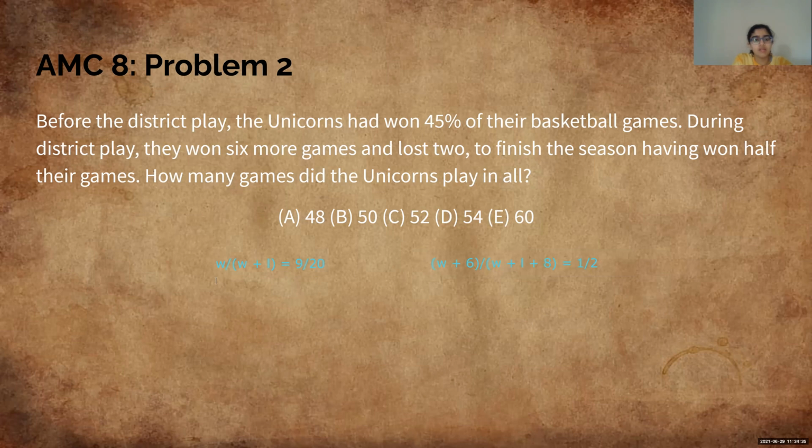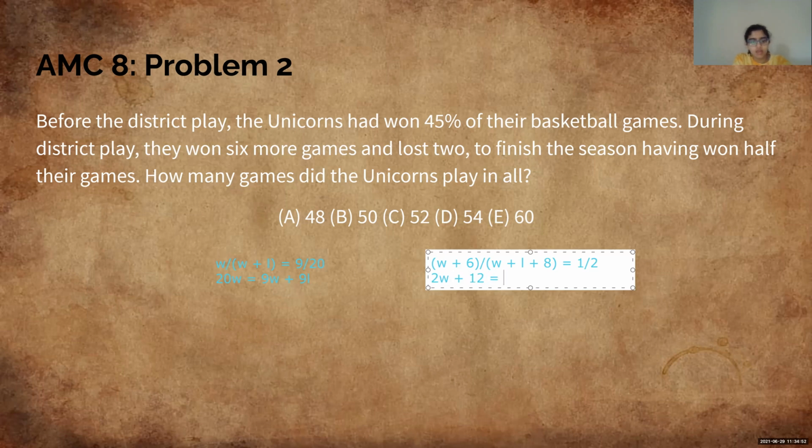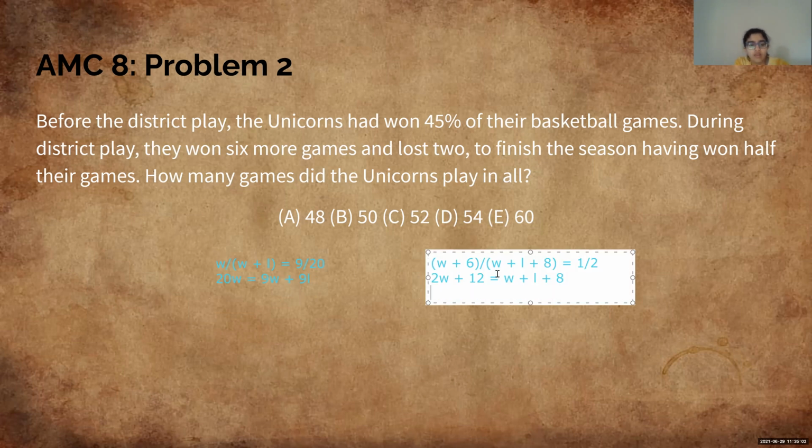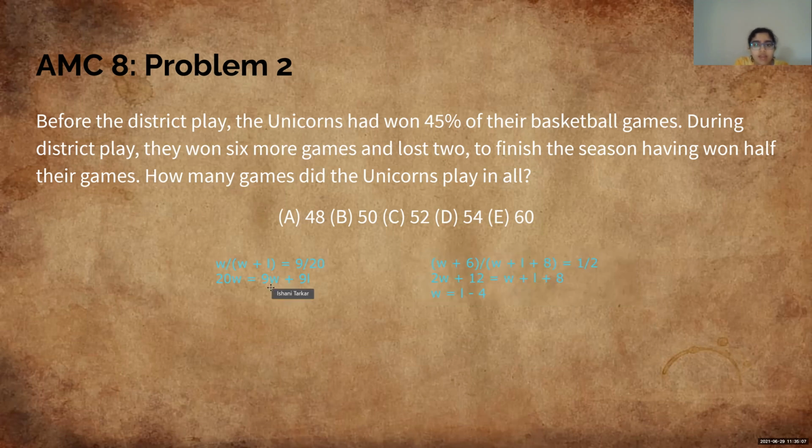So we can simplify both of these equations by multiplying them out. So we get 20w is equal to 9w plus 9l. And then we get 2w plus 12 is equal to w plus l plus 8, right? Now we can simplify the equation on the right. We get w is equal to l minus 4.